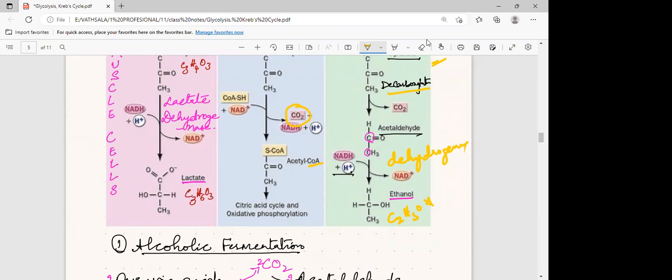So what is remaining there? C3H4O3, hydrogen is removed, CO2 is removed. So what is left now? CO is left. Remember, understand here.